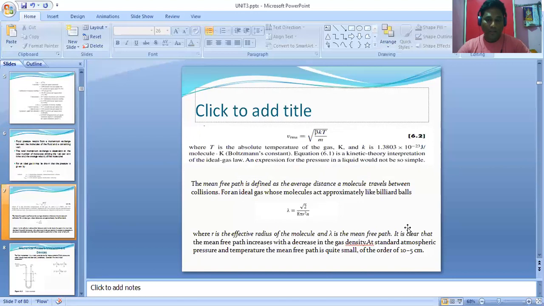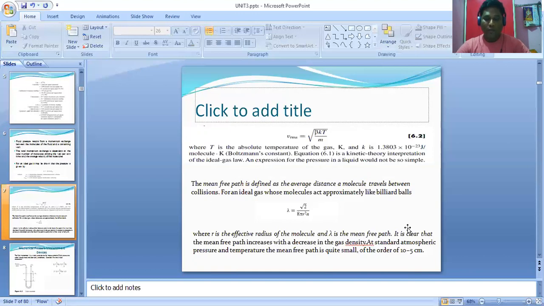And clearly the mean free path increases with the decrease in the gas density. At standard atmospheric pressure and temperature, the mean free path is quite small, of the order of 10 power minus 5 centimeter.